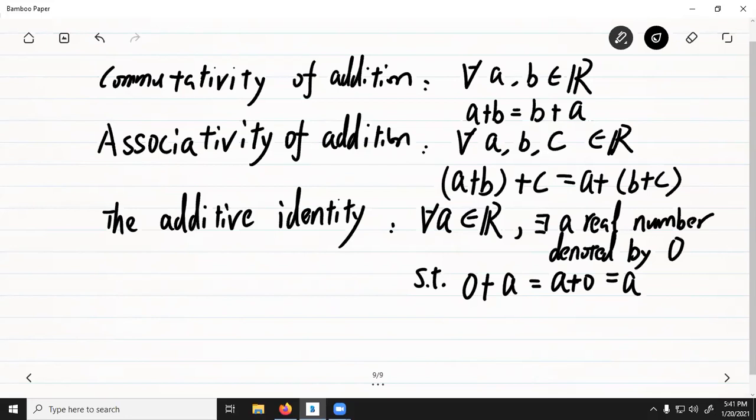Any real number A plus 0 equals 0 plus A. This is the commutativity, right? And equal to A. Okay, so when you add 0, it will not change anything. So this is called the additive identity.